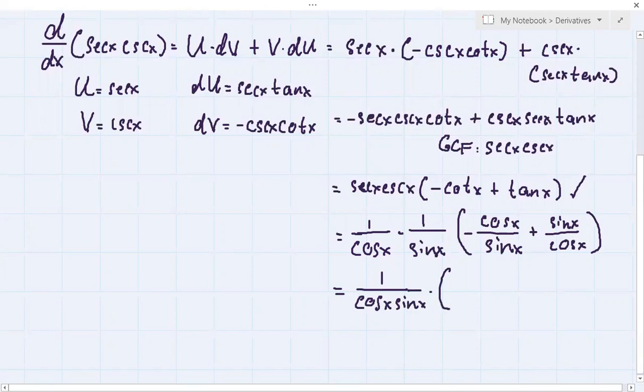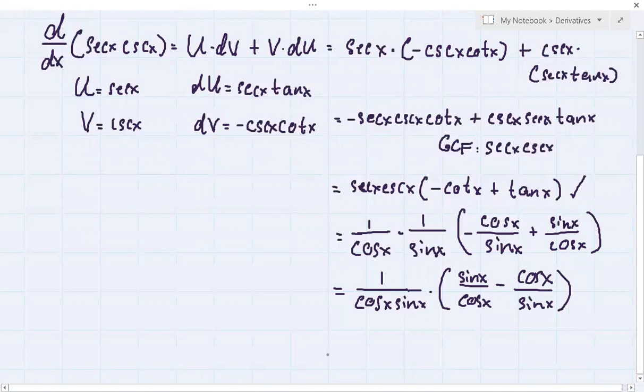Then next, we can make this into a whole fraction. First, let me flip this around to make it easier: we have sine x all over cosine x minus cosine x all over sine x. I interchanged the positions of the two.